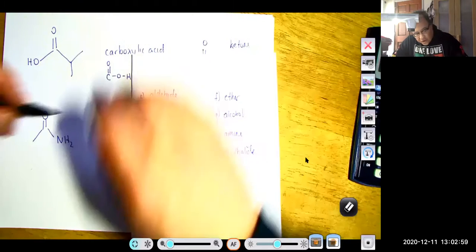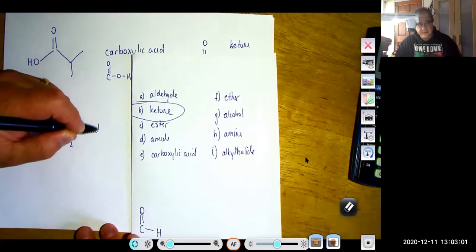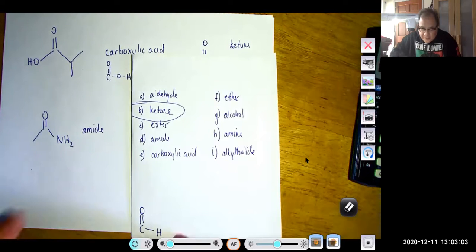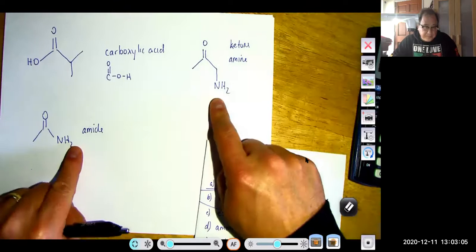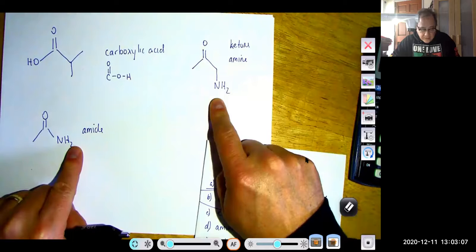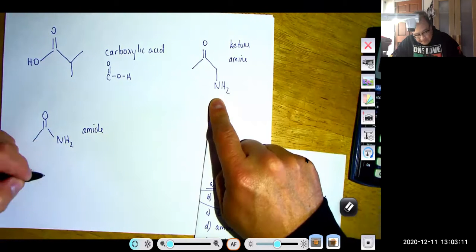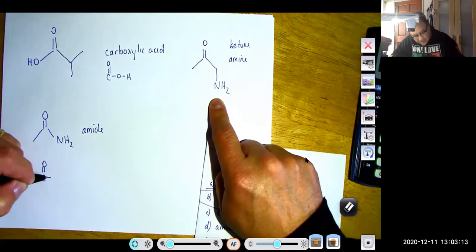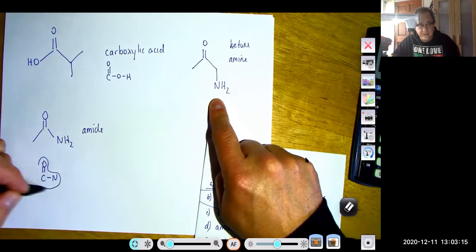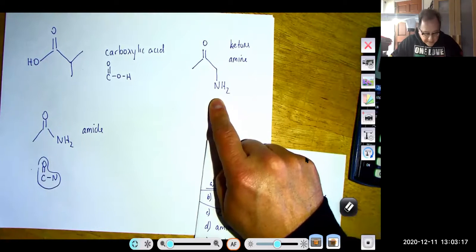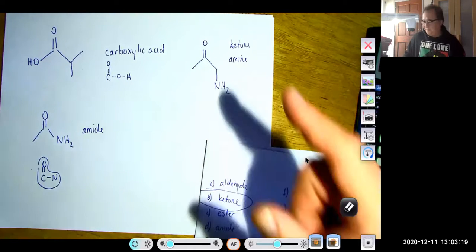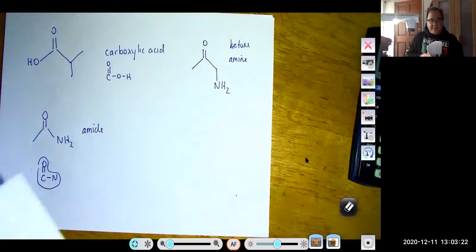Okay, so hopefully you chose amide. So do you see the difference between these two? The amide, the nitrogen is bonded to that carbon. You need to have that. If the nitrogen is not bonded to that carbon, it's not an amide. All right, that's pretty good practice.